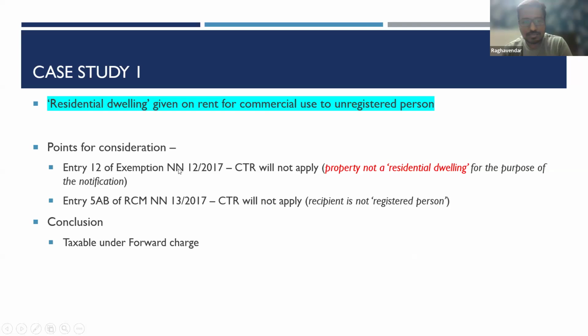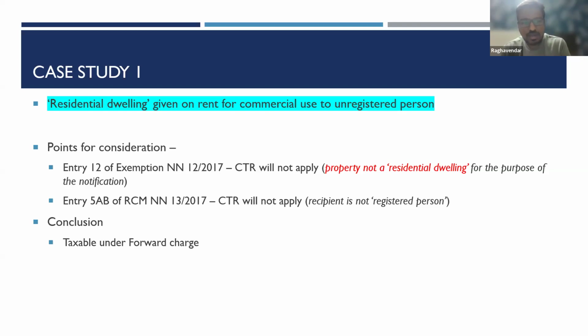So this exemption entry will not apply. Property is not a residential dwelling for the purpose of this notification, which means it will be taxable.